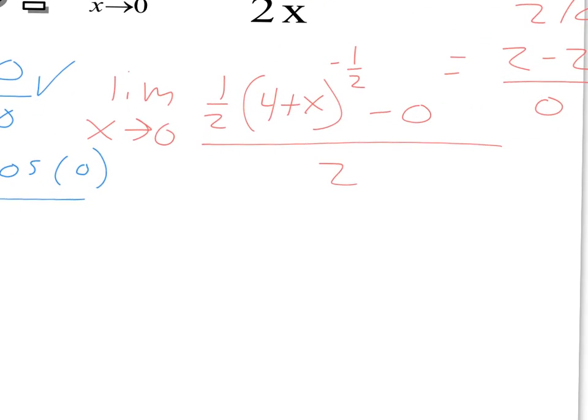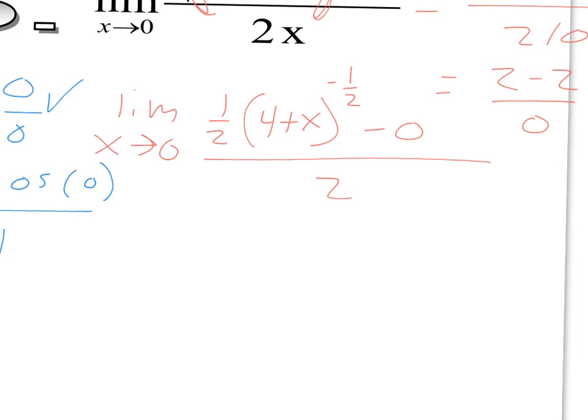Okay, we could try and clean this up a little bit. It would look like the limit as x approaches 0 of 1 over 2 times the square root of 4 plus x. And then that's divided by 2, which is the same thing as multiplying by 1/2. So I'm just going to write it like that. Let's go ahead and evaluate this new limit. I would have a 1 on top. I'm going to multiply these two 2's together.